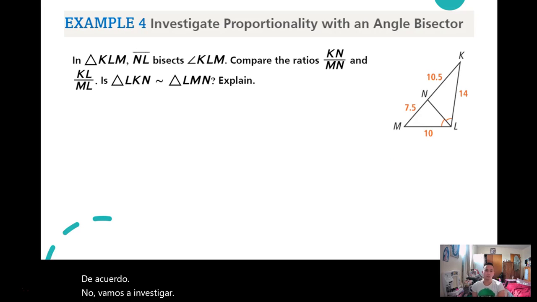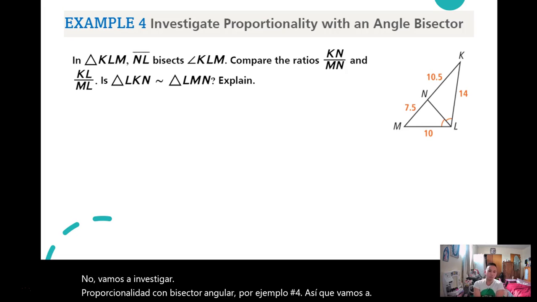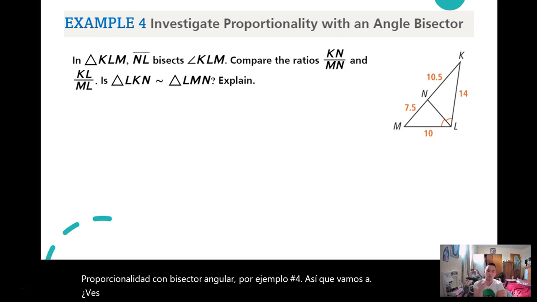Now we are going to investigate proportionality with the angle bisector for our example number 4. We are going to see how this proportionality is connected with the angle bisector. In triangle KLM, segment LN bisects angle KLM.